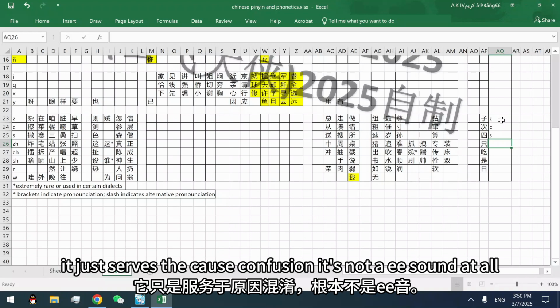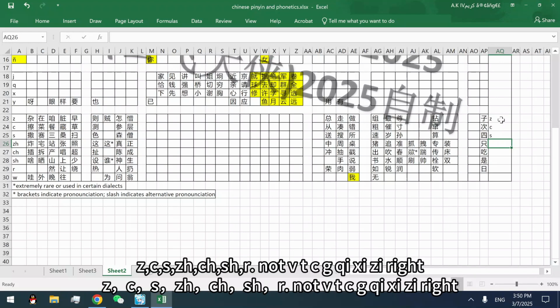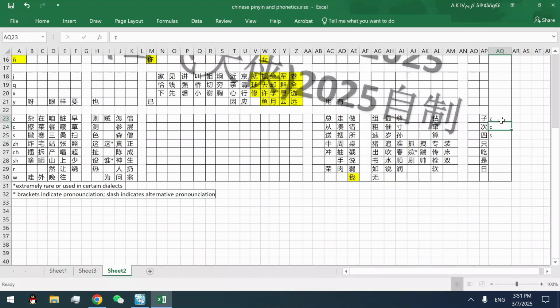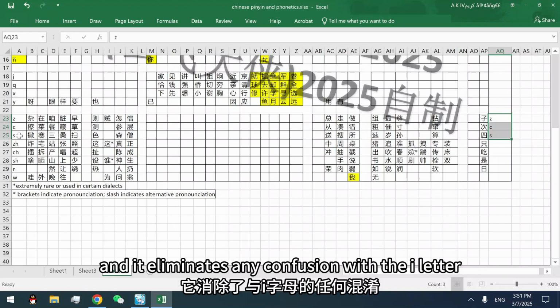It's not a yi sound at all. It's just the sound of the initial itself. 滋, 呲, 思 zhi chi shi ri. Now if we just use the original initial letter by itself, it works perfectly fine, and it eliminates any confusion with the I letter.